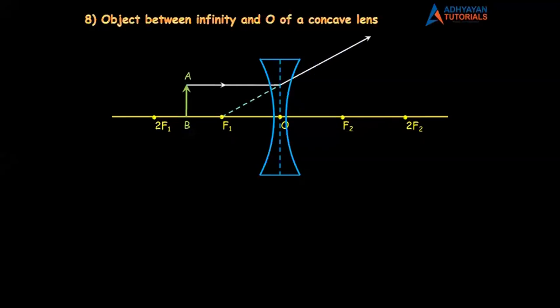So draw this. At the end again there should be an arrow mark. Draw the second ray as before, passing through the optical center, and it goes straight without any refraction.